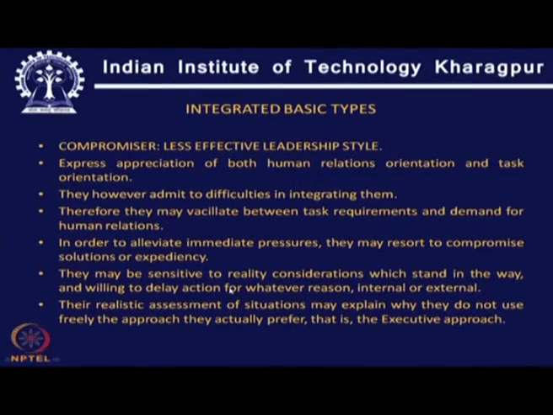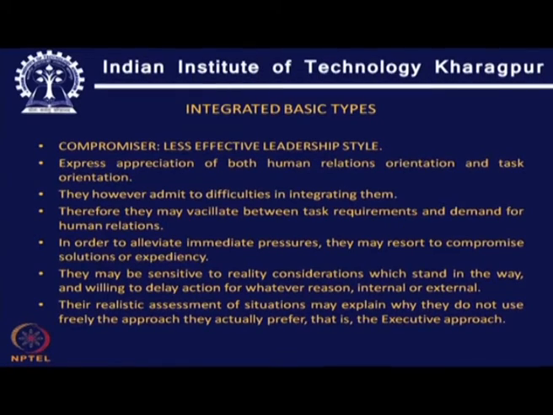When you are talking of a compromiser, which is an integrated basic type, where there is integration between human relations orientation and task orientation, this is a less effective style.